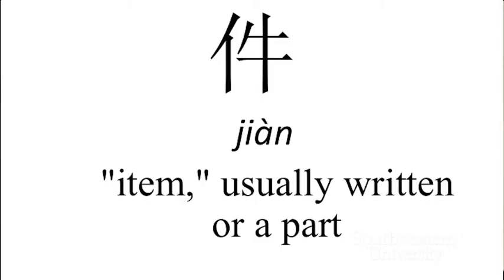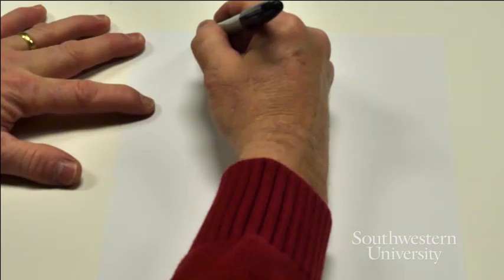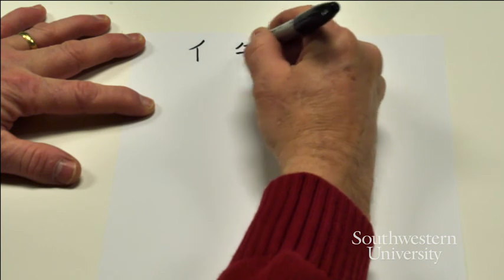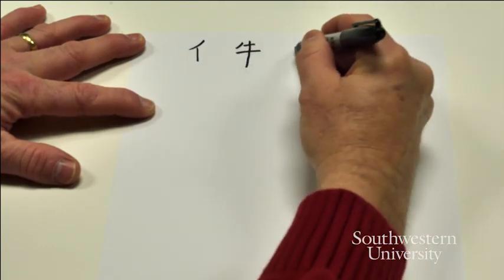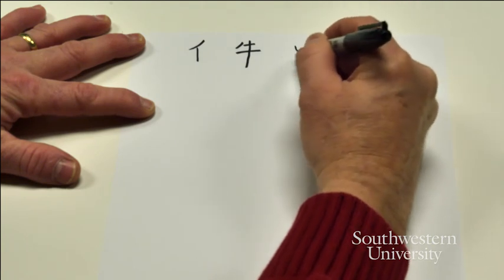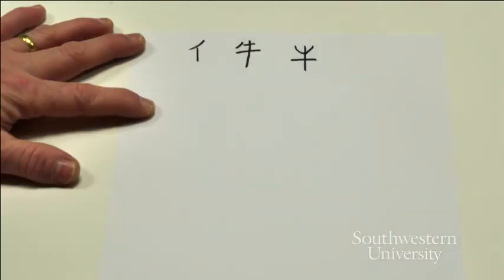The next character is jian. The radical is the renzapang, again. The phonetic is niu, which is a cow. So at one point it looked something like this, or something more like that, and it eventually turned into this.